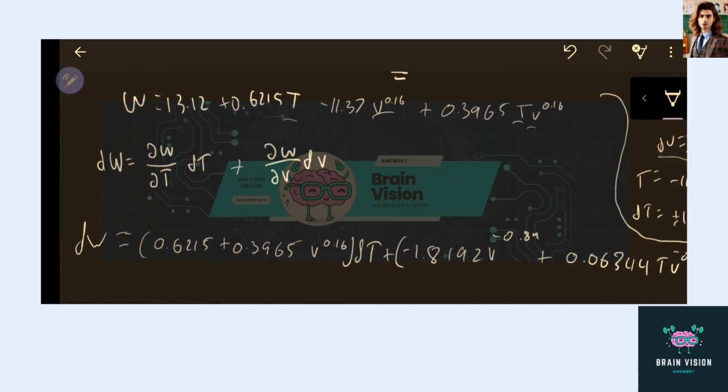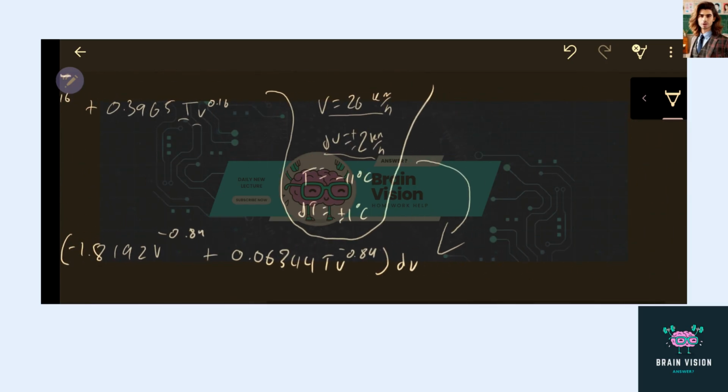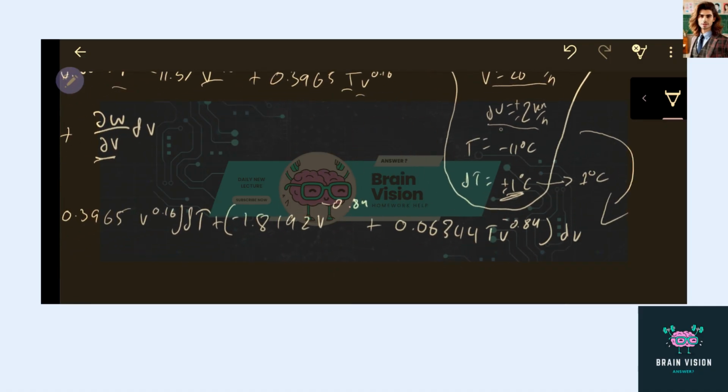So when you look at these partial derivatives that we calculated here, you'll see that dt here is positive. So that means for plus or minus 1 degree Celsius, we're going to actually take positive 1 degree Celsius. But you'll see here that dv is actually negative because this part is bigger than this part. Negative 1.8192, right? That number is bigger than 0.06344.